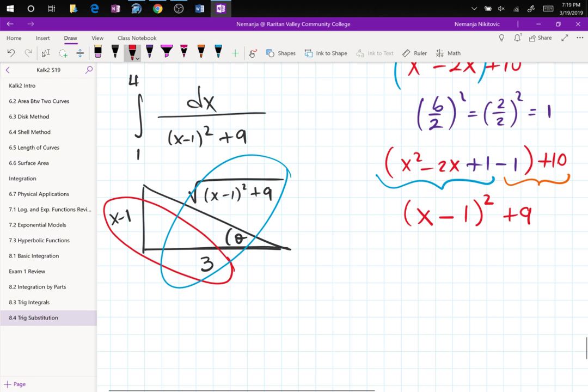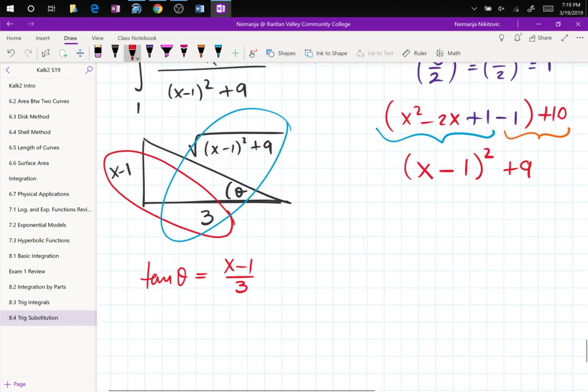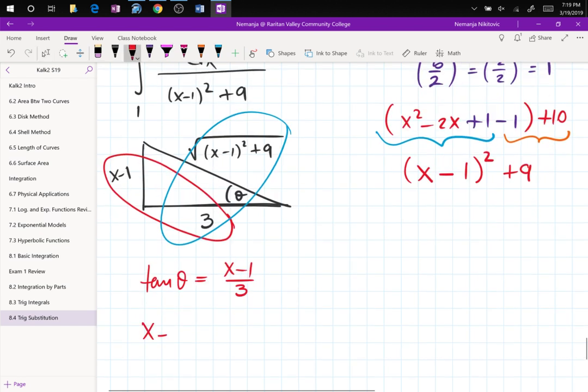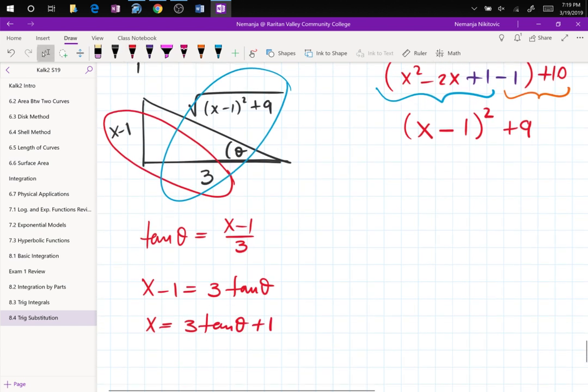So now we have, in red, tangent theta is x minus 1 over 3. x minus 1 is 3 tangent theta. x is equal to 3 tangent theta plus 1. dx is equal to 3 secant squared theta d theta.